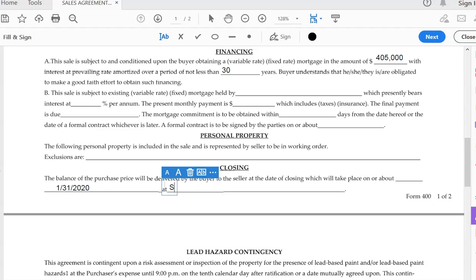Location could be seller's attorney's office, could be buyer's attorney's office, could be bank's attorney's office, could be at the bank, could be any location, could be to be determined. Being that in many instances it's early on, to be determined.